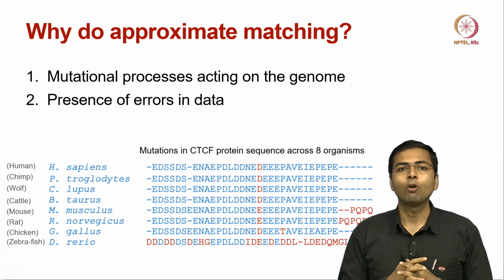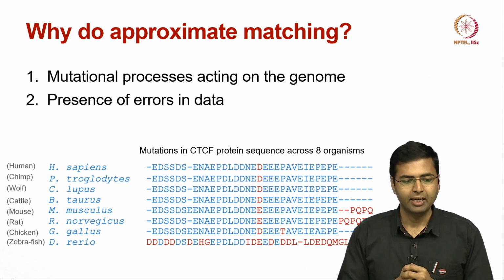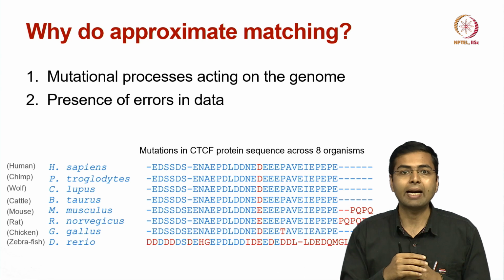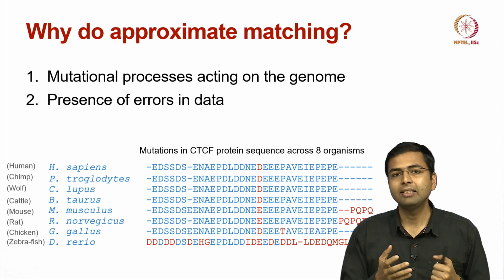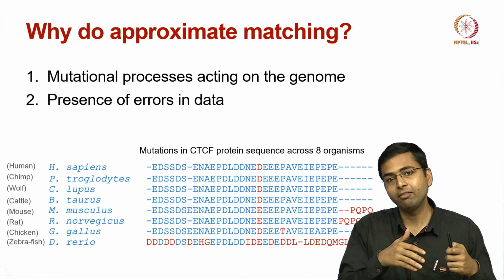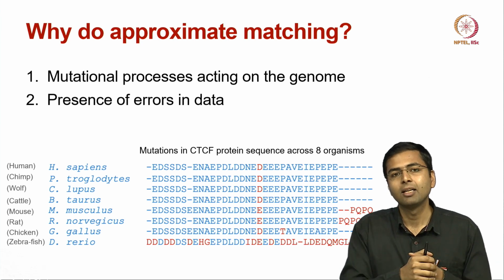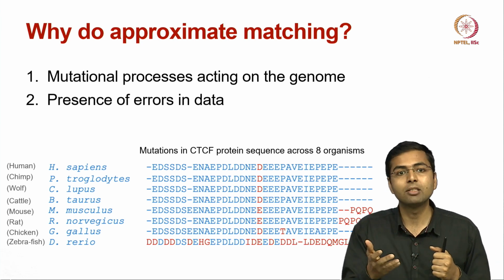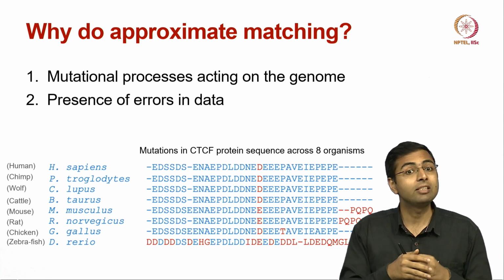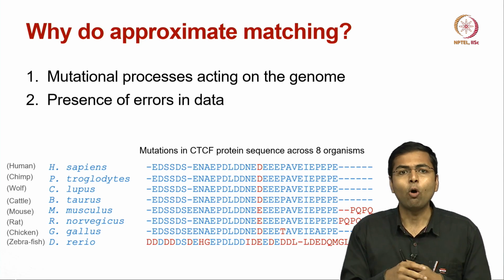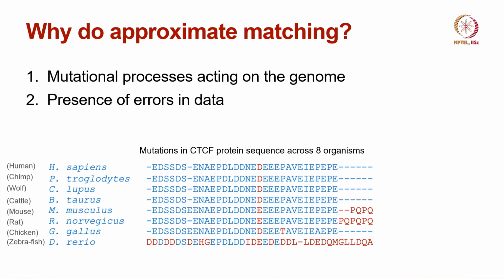So the key motivation for why we need approximate matching is that we have mutational processes acting on the genome. So we have already motivated this fact by saying that whenever we consider genome sequences of two individuals within the same species or sequences of different organisms, they will always carry mutations within them. So for example, in the bottom I am showing you CTCF protein sequence from 8 organisms: human, chimpanzee, wolf, cattle, mouse, rat, chicken, and zebrafish.